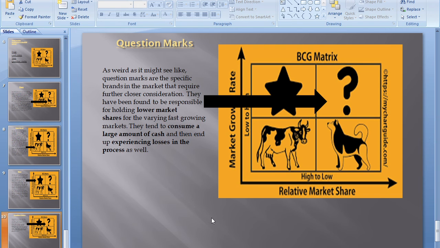With the help of the BCG matrix, they know which products generate cash, where they have to invest, and where they have to stop producing the product. But in the PLC model, a company can only know about one product. So this is the BCG matrix.